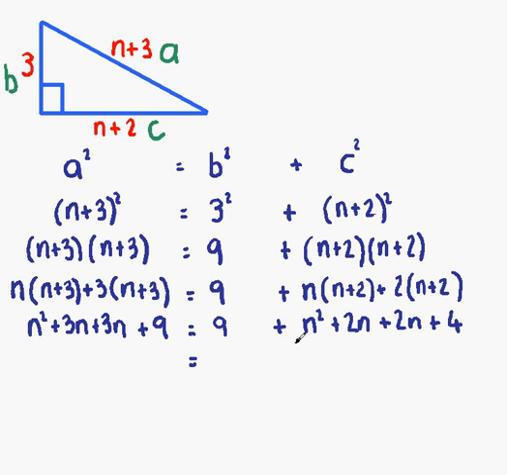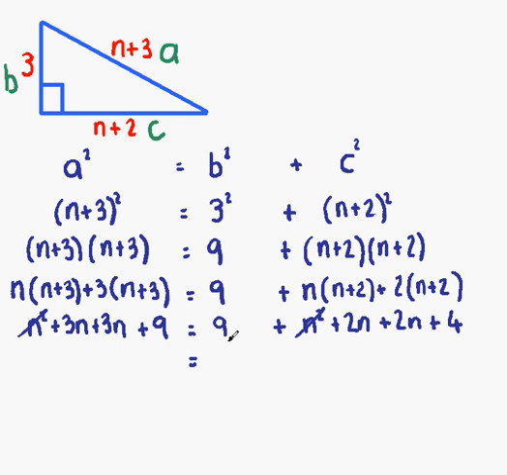If you think back to change side, change sign, if we were to move this n squared onto the other side, it would become minus n squared. That would leave us with n squared minus n squared on the left hand side, which gives us nothing. So instead of having to move, what we can do is just cancel out both these things at this point.